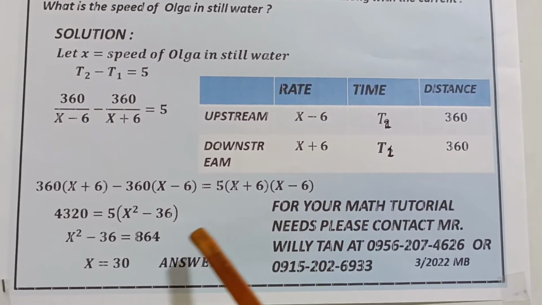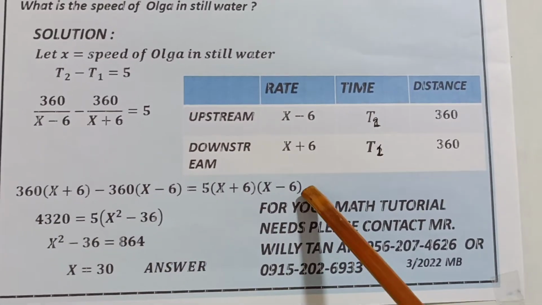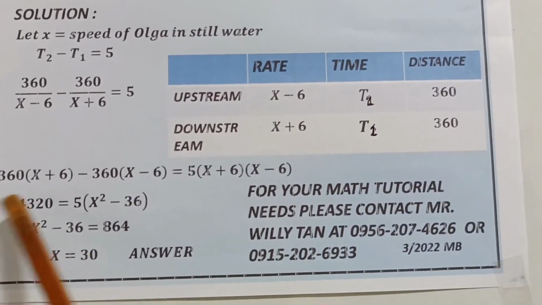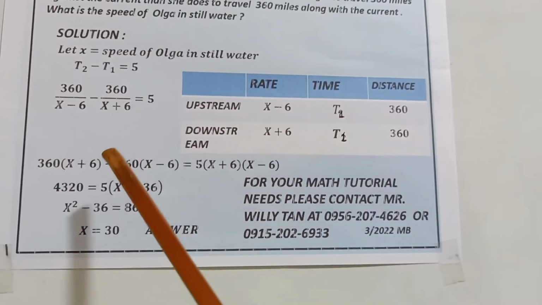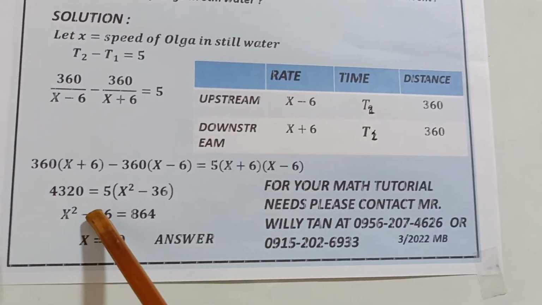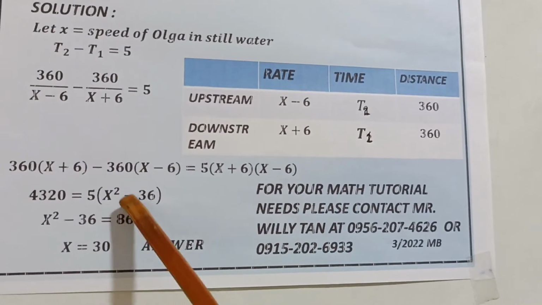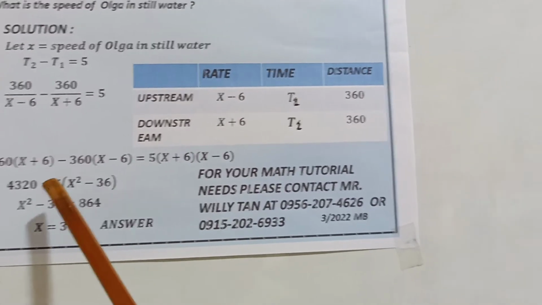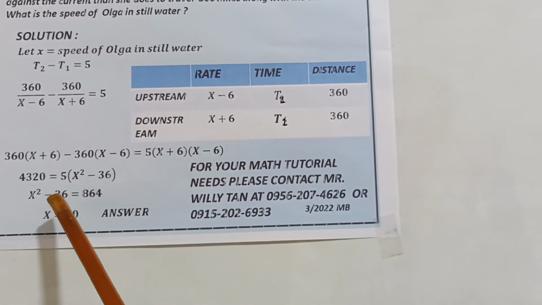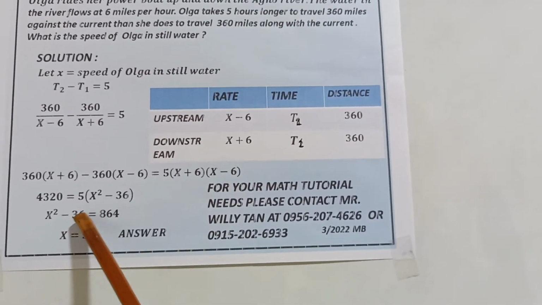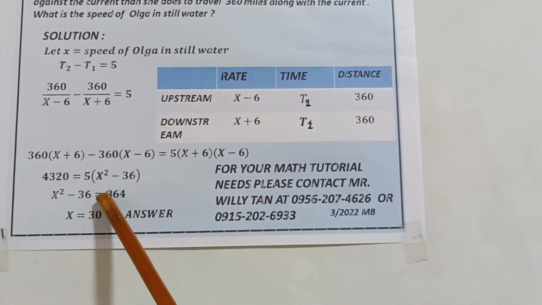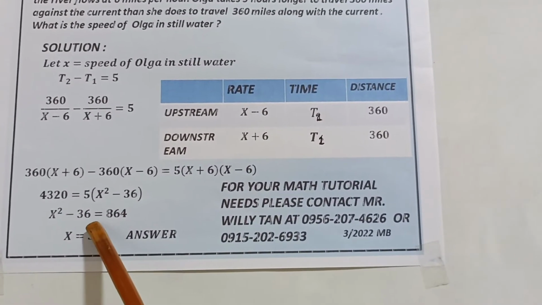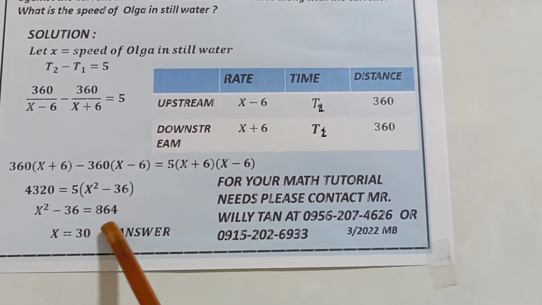We combine our constants, which is equal to 4,320, and that is equal to 5 times the quantity x squared minus 36. Then we distribute 5, making use of the distributive property, so x squared minus 36 is equal to 864.